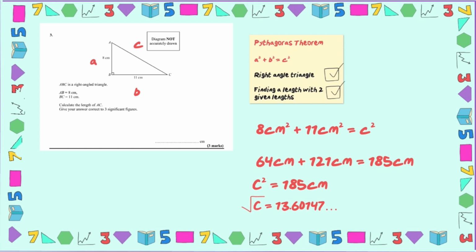But remember, they want the answer correct to 3 significant figures, so that means we only want the first 3 numbers here. So C would be equal to 13.6 centimeters. And that's it for this question.